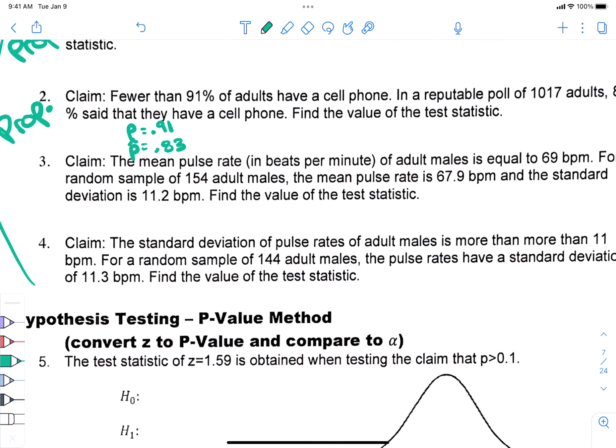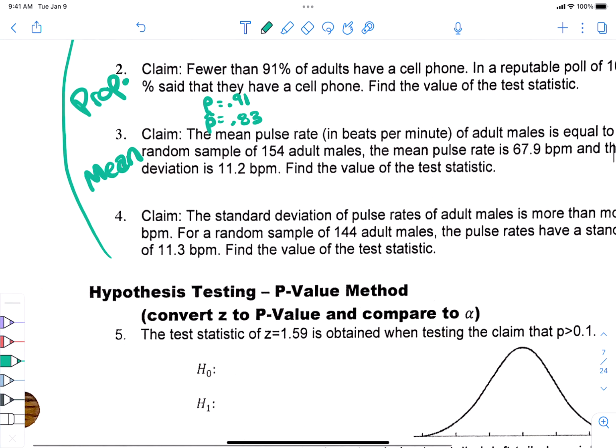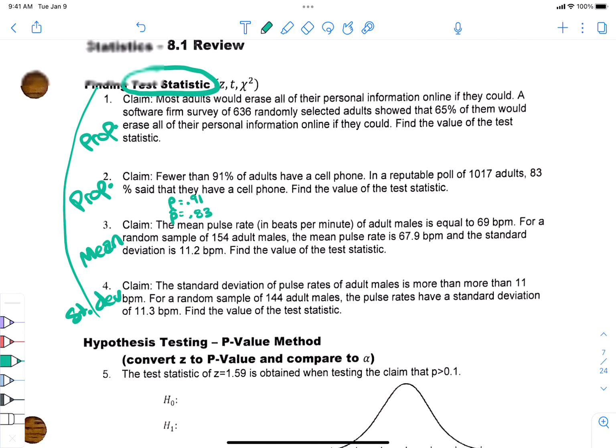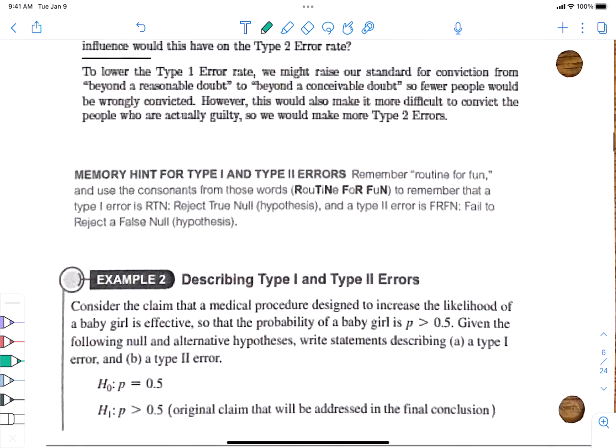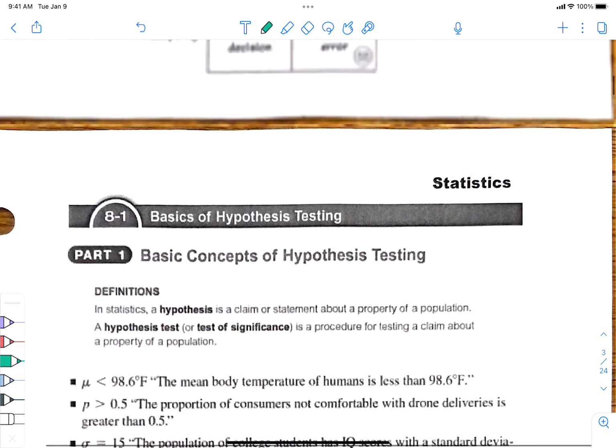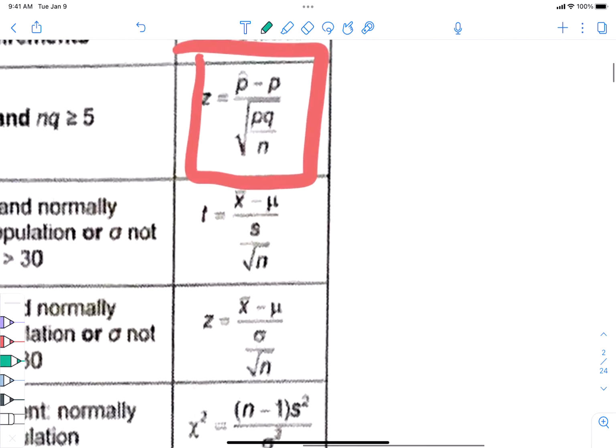Number 3, the mean pulse rates. It's probably going to be a mean that we're doing. Number 4, the standard deviation of pulse rates. It's probably going to be a standard deviation. So what I want you to do for homework is those 4 problems, pull out the information like we did with the P and P hat, and use these formulas here.